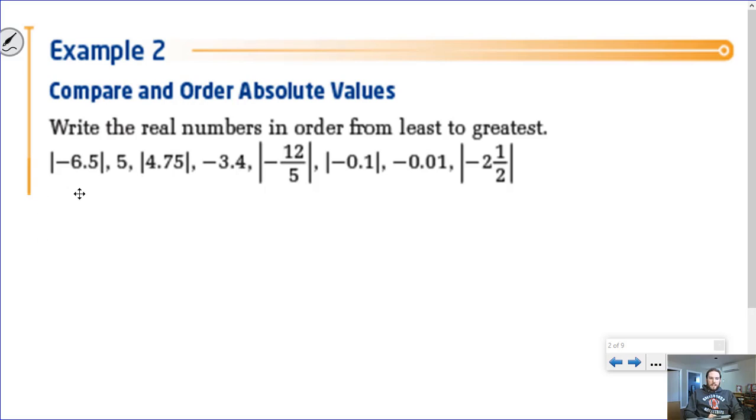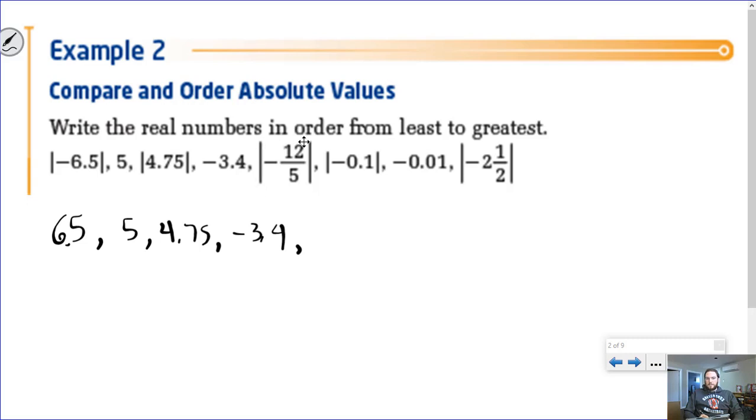So let's do that. If we take negative 6 over 5 and we take the absolute value of that, we get positive 6.5. And then 5, and then the absolute value of 4.75 is still just positive 4.75. Okay, and negative 3.4, and then the absolute value of negative 12 over 5.